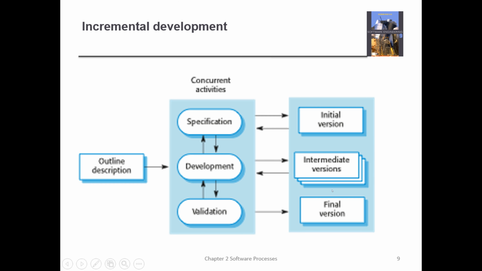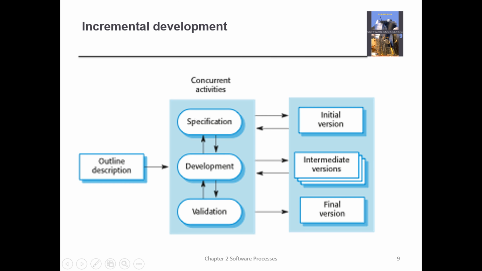As you specify, you can start on the development, but as you develop, you are seeing these arrows, you can go back and specify other requirements. Then as you develop, you can test those units or modules that have been finished, and as you test, you can still go back and develop more, or you can be validating at the same time when another person is still developing.